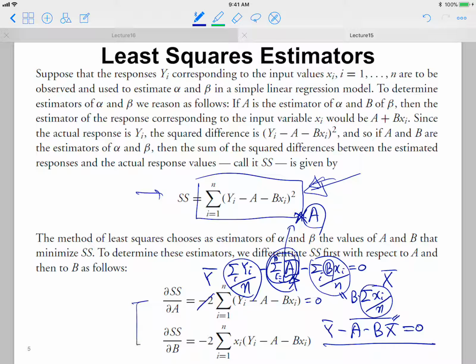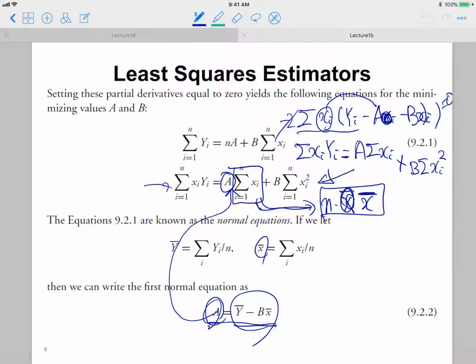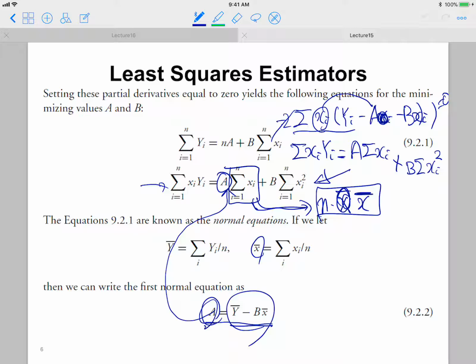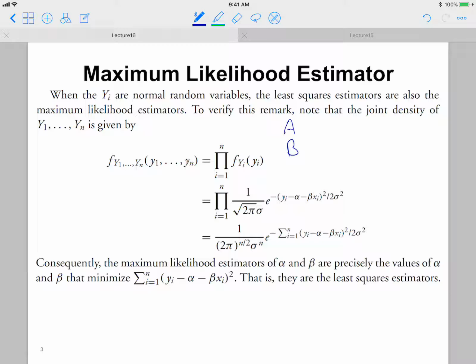That's how we obtained these two equations and our estimators for A and B. So this was our objective function: we minimize the error between y_i and A plus B x_i, square it, sum them up, and minimize it, and that's how we obtained A and B.